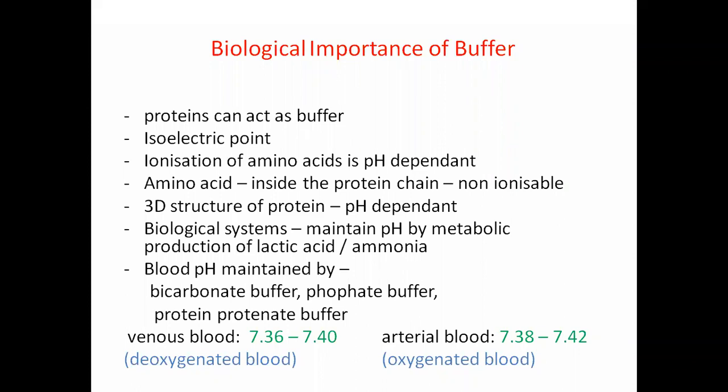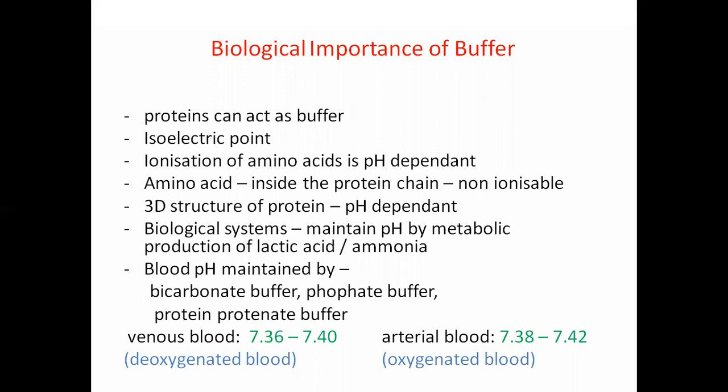Therefore, the pH is also different, because blood containing more oxygen will have a different pH, and blood containing more carbon dioxide will also have a different pH. That is why arterial blood and venous blood have variation in blood pH, but the variation is not much pronounced.